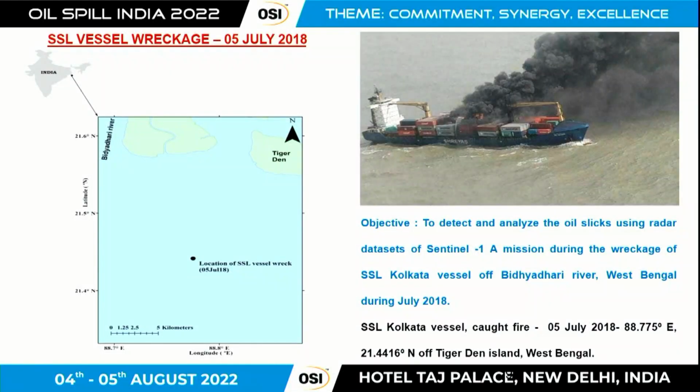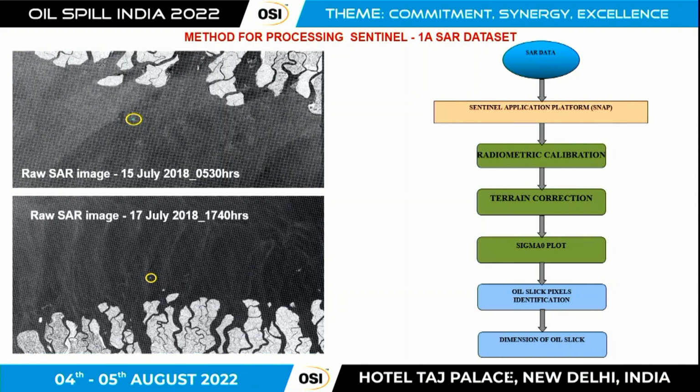I will now tell you how you can detect the oil slicks from the synthetic aperture radar data. Here I have taken a case study from July 2018 from the vessel SSL Kolkata. Once after getting the raw data set from the Sentinel-1 mission, you need to take it to the Sentinel application platform, which is software.